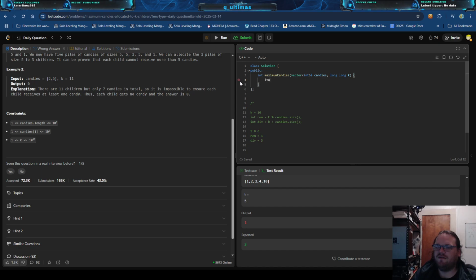Okay, so int left, r equals 10 to the 12. Wait, so we have k children. So the largest, 3 per child.